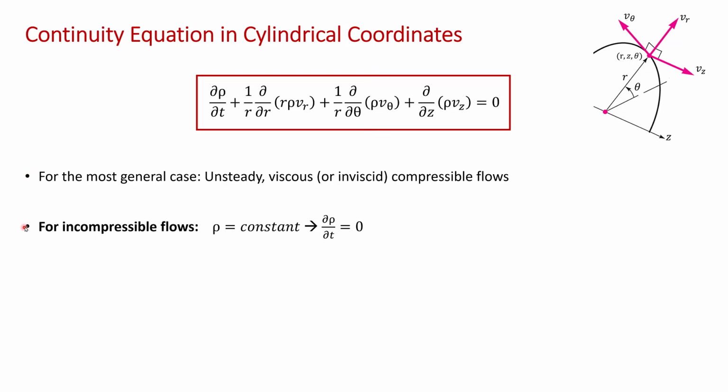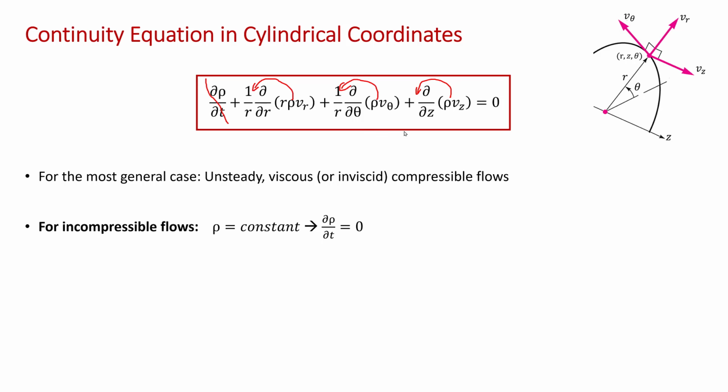And of course, for incompressible flows, we have density being a constant, so we can simplify this equation. Because density is a constant, it doesn't change with time, and we can move the density outside of the derivative in each of the terms.